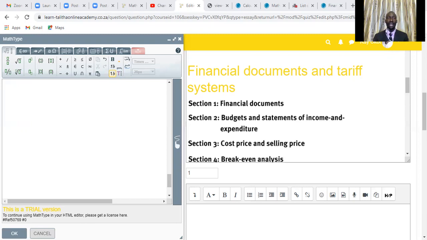Now, the financial documents we are talking about here, some of them will be personal, like a pay slip for a person, or some will be household documents, like the electricity bill, the water bill, and the municipal bill.